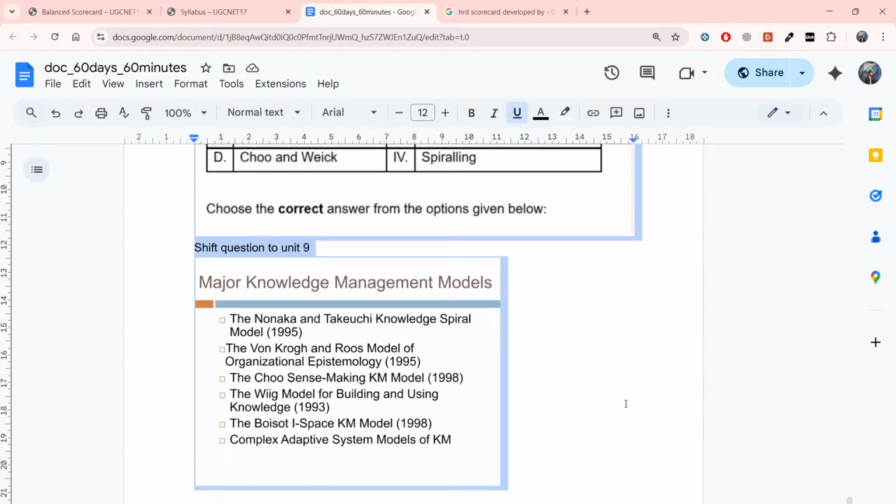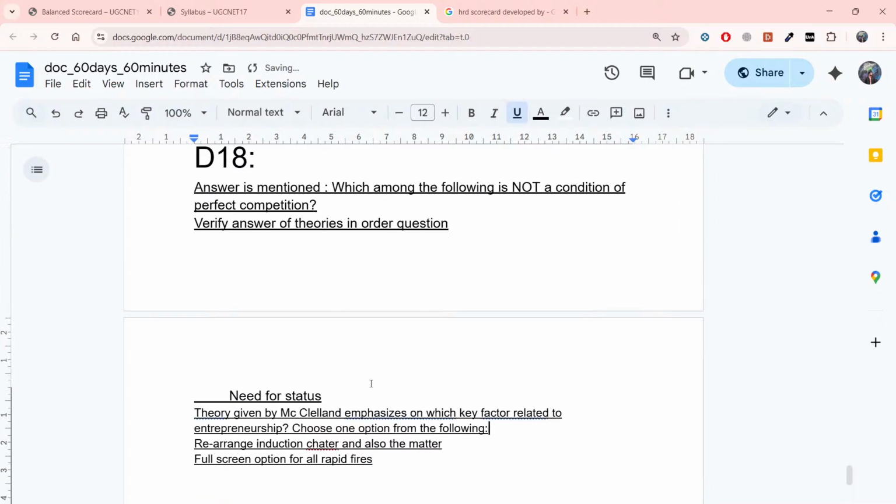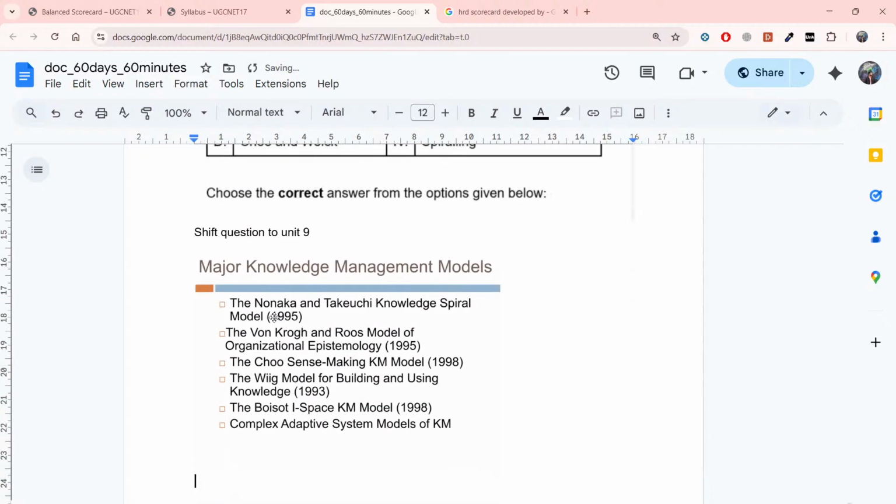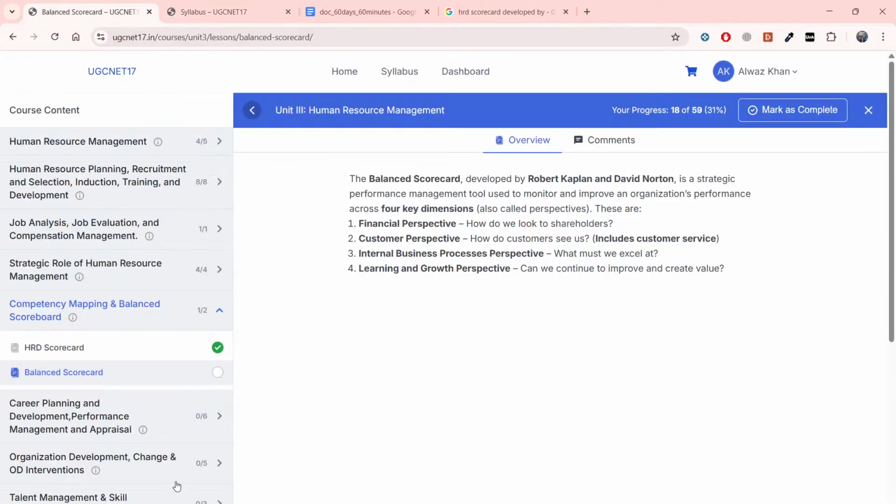I will start from here. Revisit HRD scorecard. Okay, I will look into it again. So now we will move ahead.